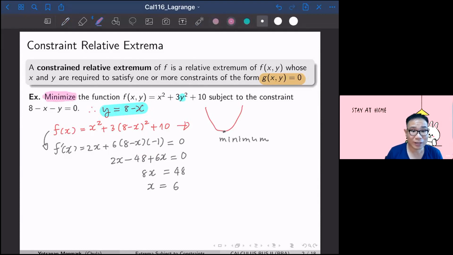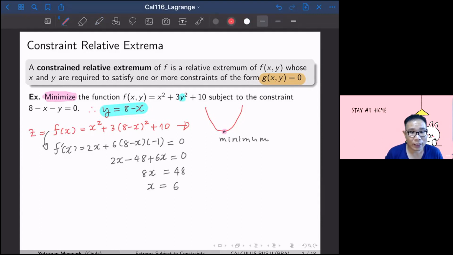This is because of the shape of the graph, which turned out to be a parabola opening up. Don't forget that this is y equals something, or rather I should say z equals something. So it's a parabola opening up, and you have x equals 6.